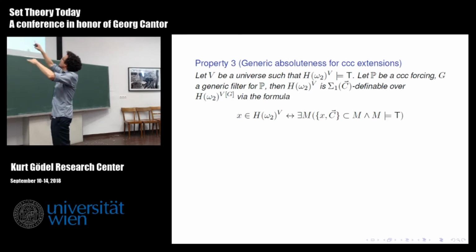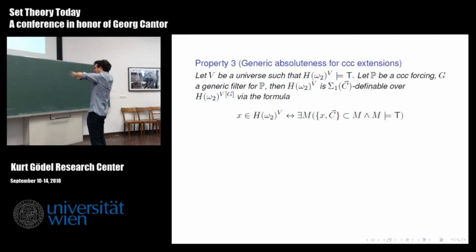And if we extend the universe further with just CCC forcings, we can define the old H omega 2 of V by just saying I'm in the H omega 2 of V if and only if there exists a T model such that the T model contains X, and that's it, because of the uniqueness, right?